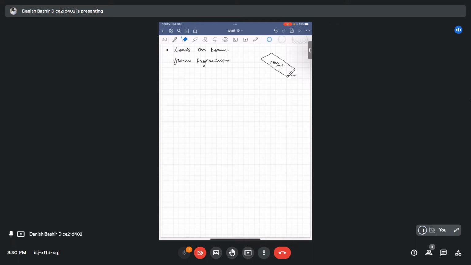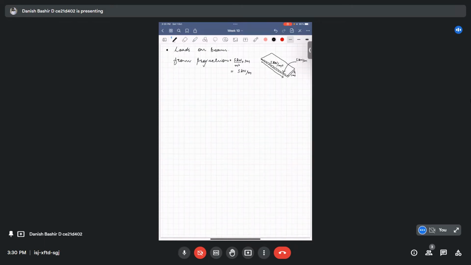To distribute this load along the length, we multiply by this width: 5 kilonewton per meter square into 1 meter comes out to be 5 kilonewton per meter. So the surface load changes into a uniformly distributed line load acting along this, now 5 kilonewton per meter.